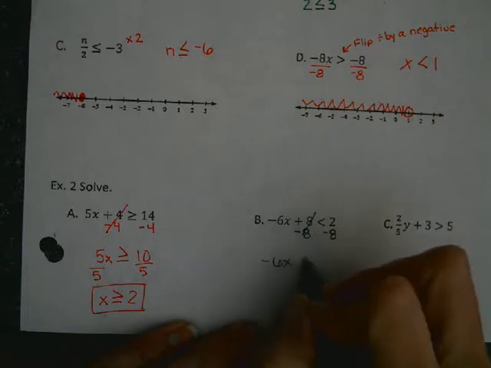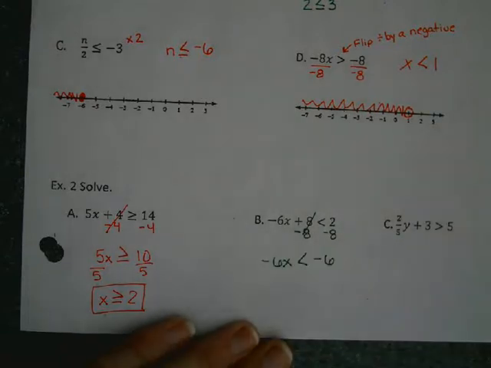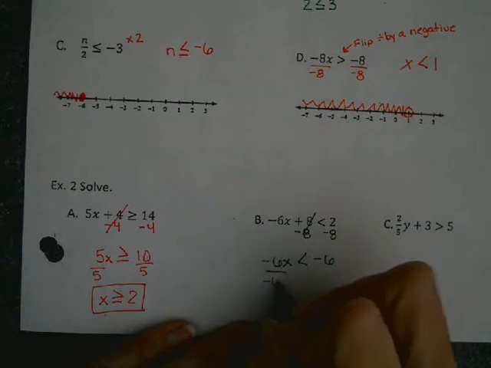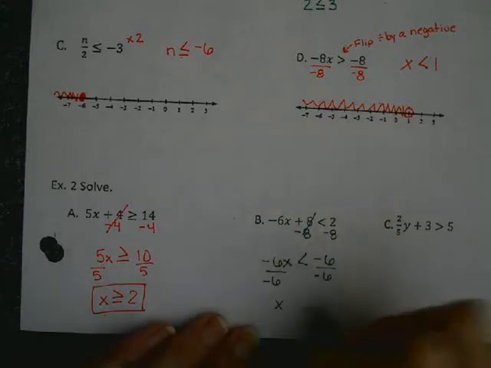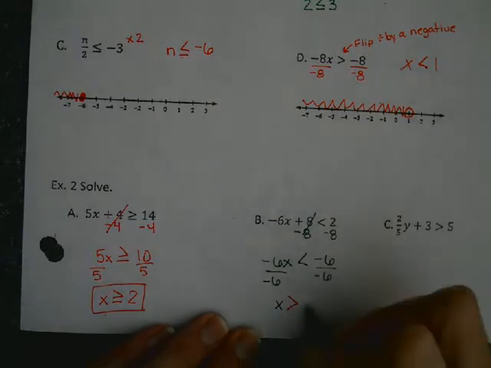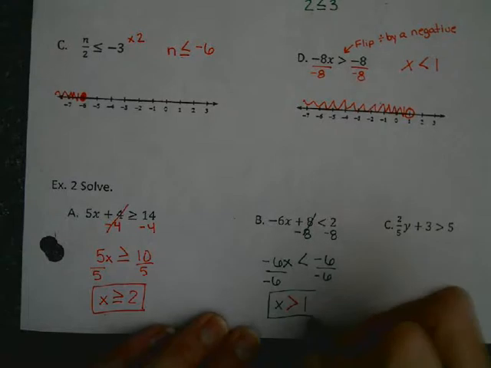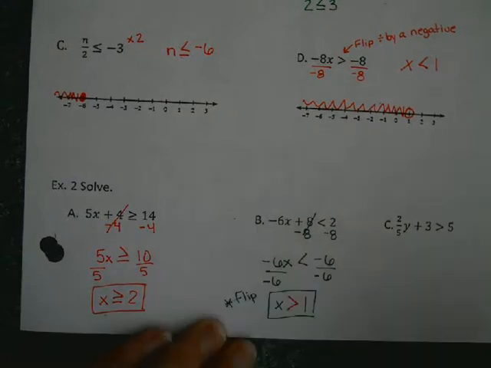Two minus 8 is negative 6. In this case, I have to divide by a negative number. So when we divide by a negative number, it's going to flip this inequality sign. And negative 6 divided by negative 6 is 1. So again, we flip the inequality when you divide by negative.